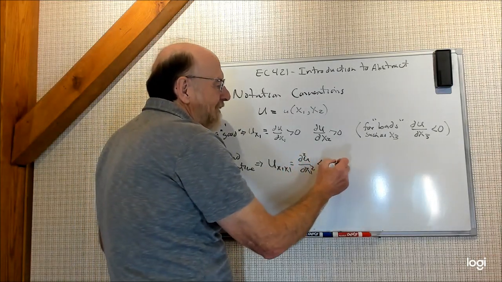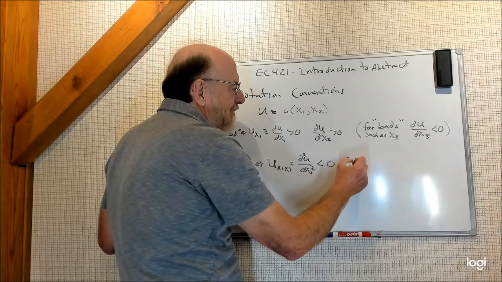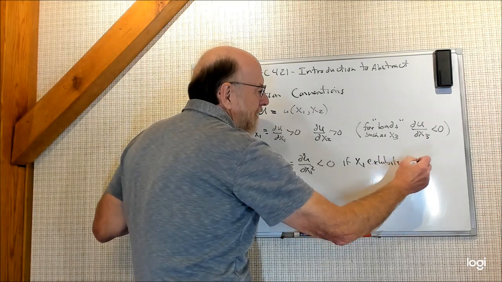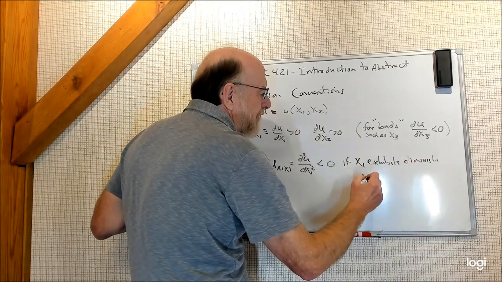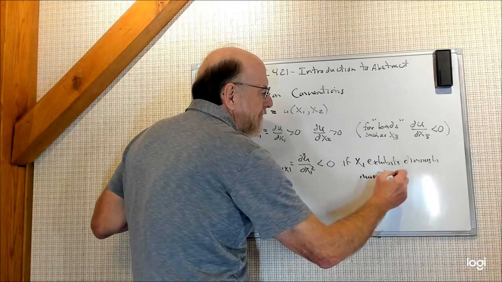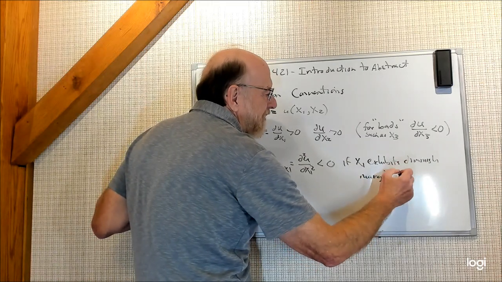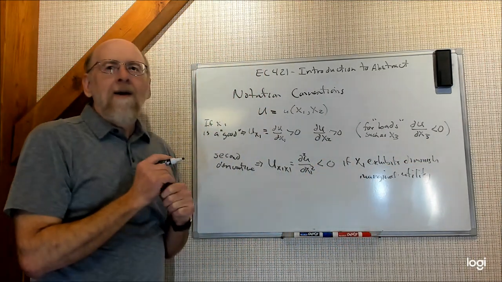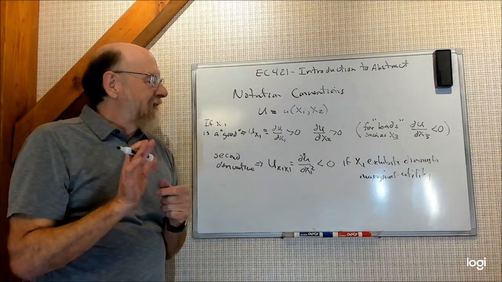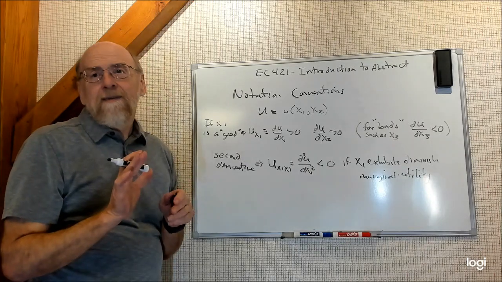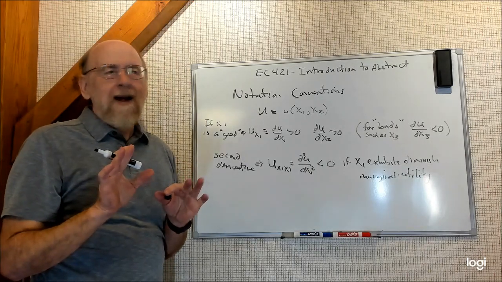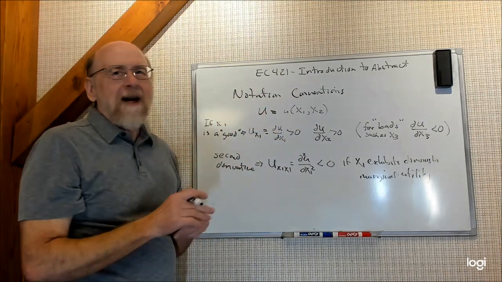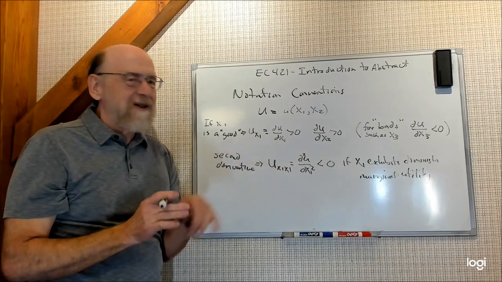And that will be less than 0 if x1 exhibits diminishing marginal returns, or utility, I guess, in this case. Right, so again, this is just notation. These are conventions. And it turns out that when we are messing around with derivatives of abstract functions, we'll be wanting to use a lot of this notation.